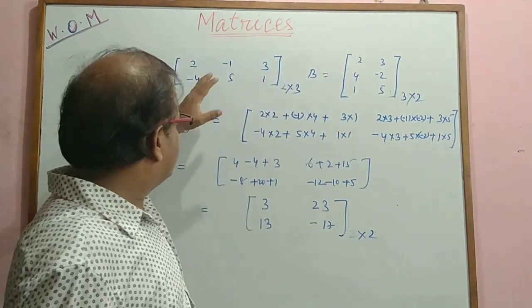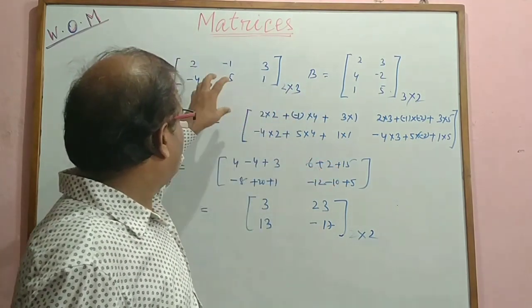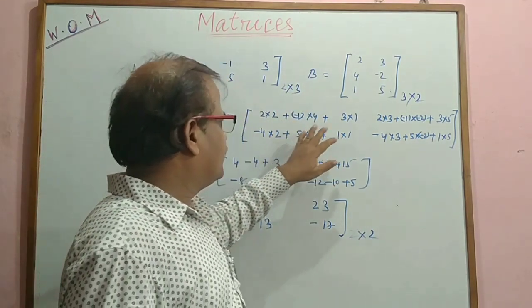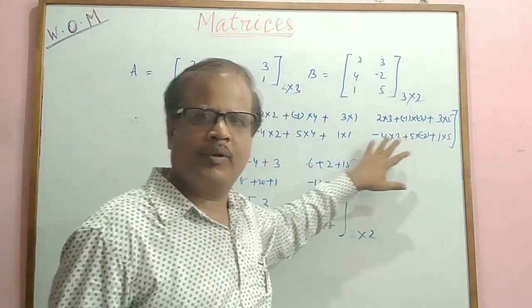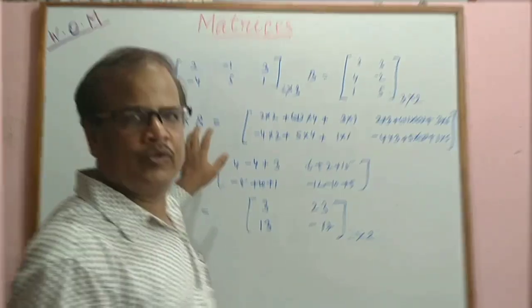In a similar way, we will get all the 4 elements of AB.